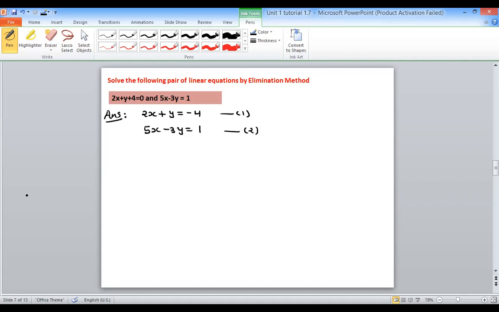So look at the question, and I think it's easy to multiply equation number 1 by 3. Then I'm taking it with 2. You can do any procedure, please write. So my first step, I multiply equation number 1 by 3.